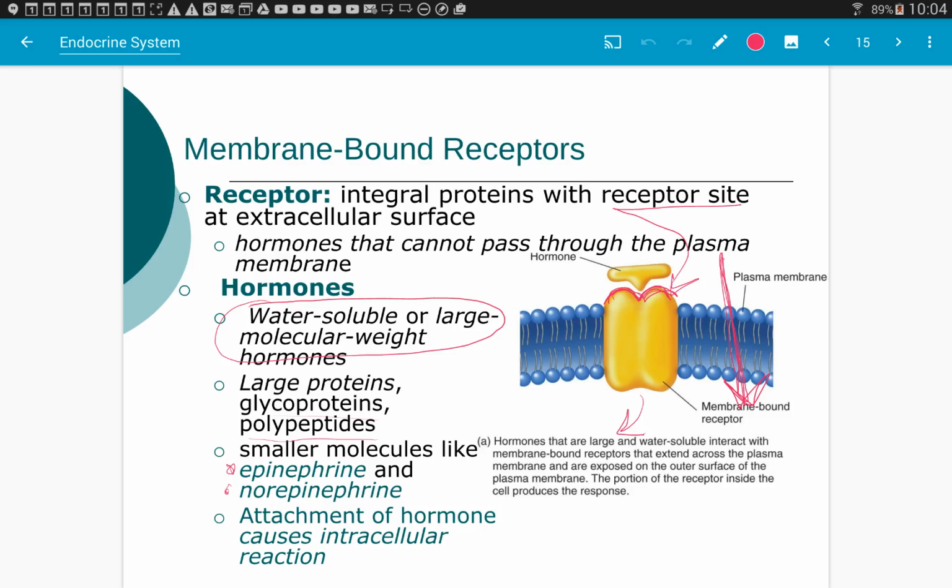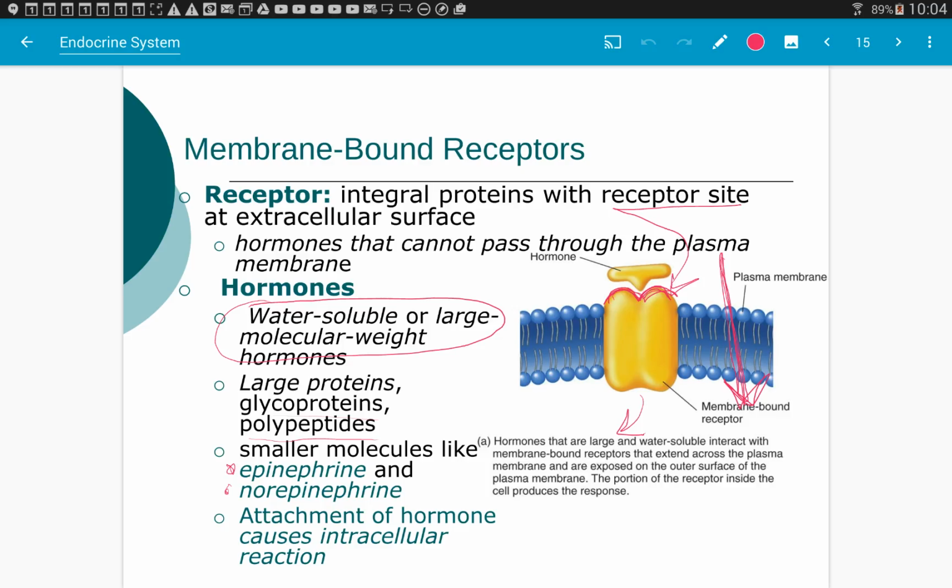lipid-soluble hormones, and water-soluble hormones or chemical messengers, or those that are too big to pass through the plasma membrane. So, those that require a receptor attached to the plasma membrane, okay, so like we see here, is very important for hormones that cannot pass through that plasma membrane.